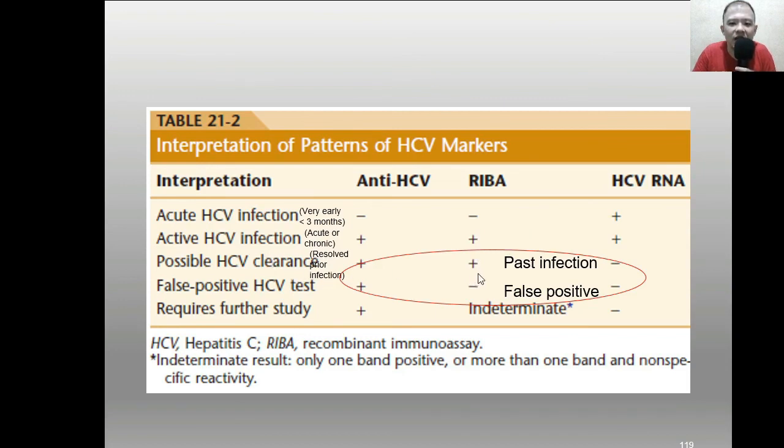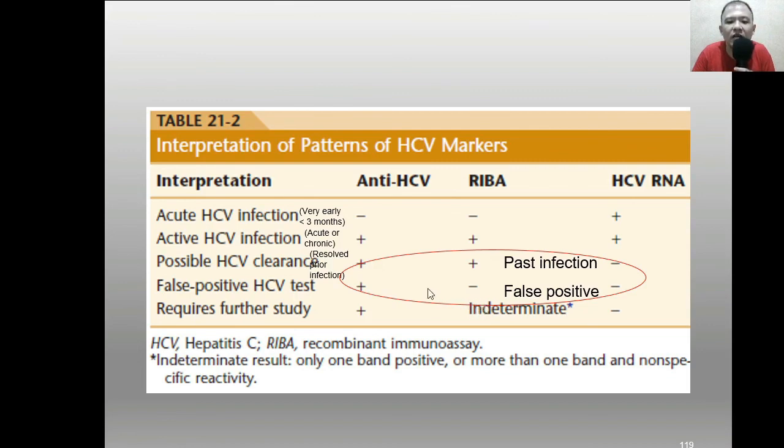Next, if you have a negative RNA here, and a positive antibody and positive RIBA, that means this is a true infection. That means that there is clearance, and most possibly that is a past or chronic infection. What if you have a case with an antibody positive but without a RIBA?